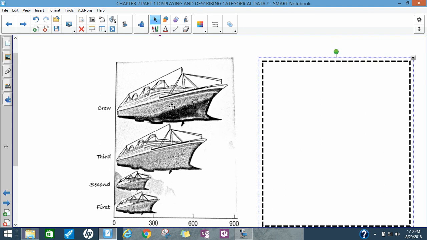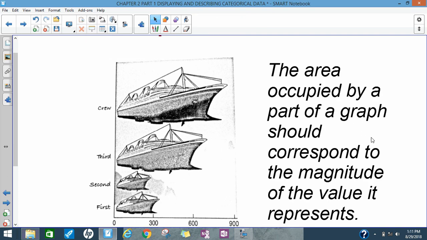So we do know that the crew made up a larger portion of all of the people on board, but it's a little misleading looking at the size of this Titanic picture versus the size of these Titanic pictures. They're not exactly to scale, and so what's happening here is we're not following the area principle.